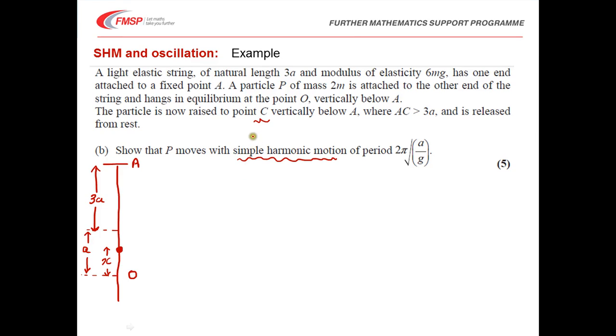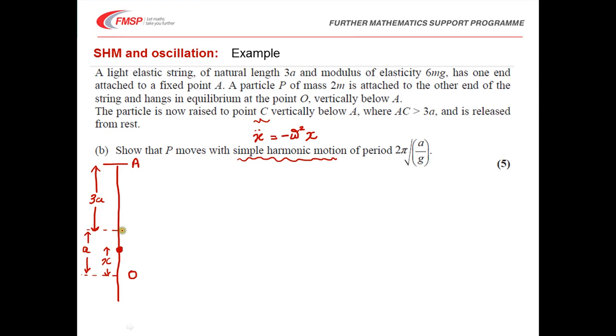In order to justify simple harmonic motion, I've got to show that the acceleration is proportional to the displacement from a fixed point and directed back towards that fixed point. So I'm going to have to show that by looking at the forces in this system. I'm going to try and find a way to produce an equation of motion that looks like this, and I need to do that for a general position rather than just for a specific location of the point.